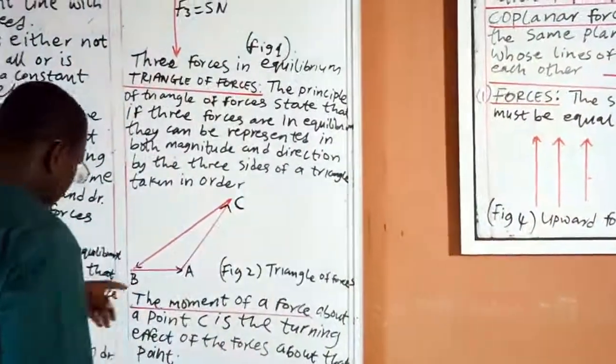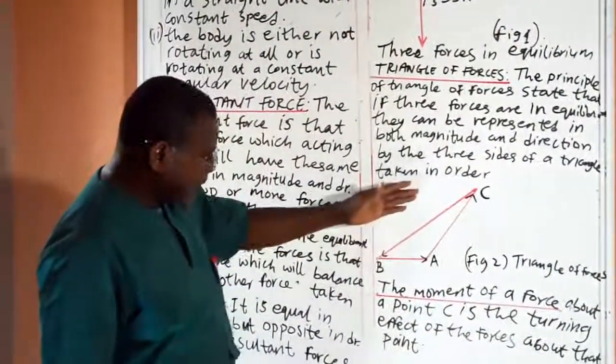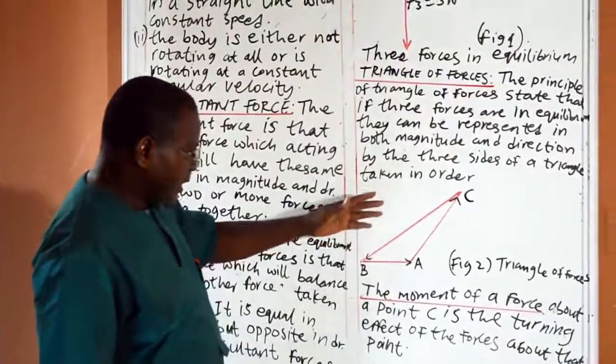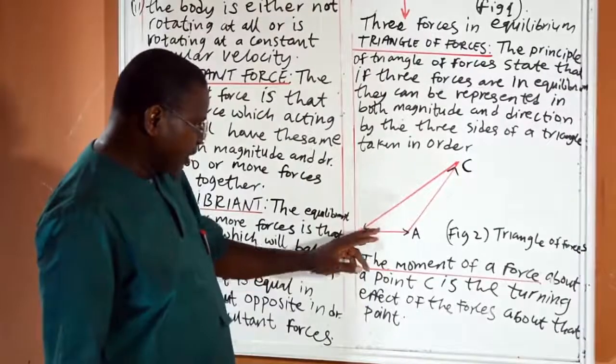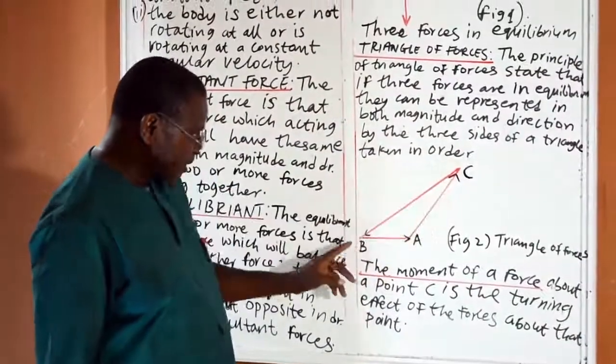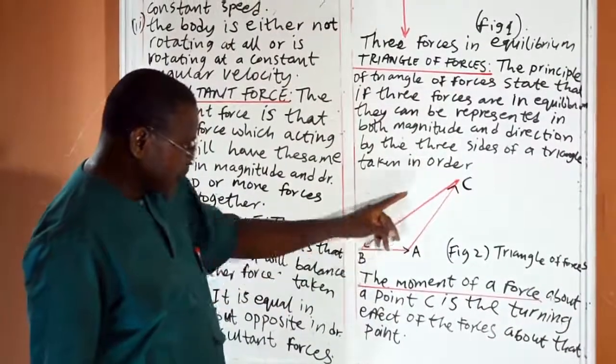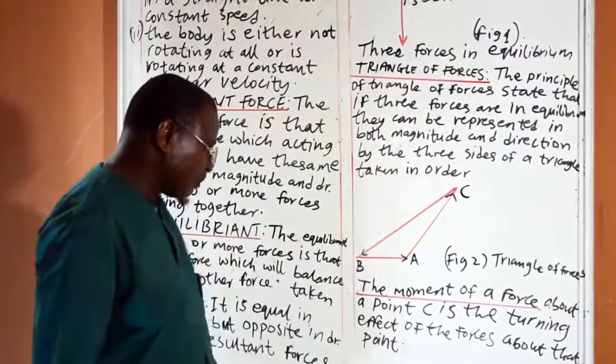These are the three sides of a triangle, and these are three forces. One is represented with AB, another one is represented with AC, and the last one is represented by BC.